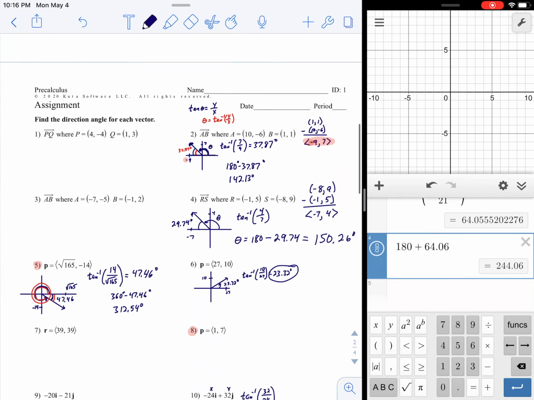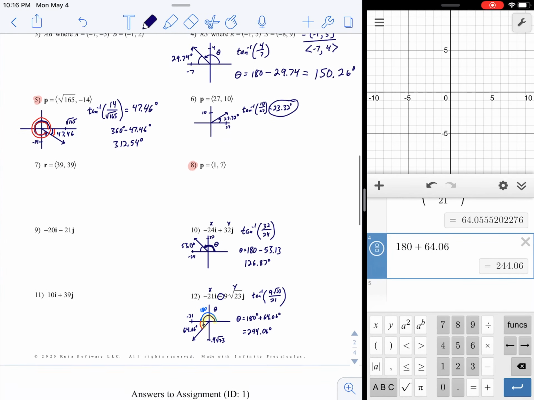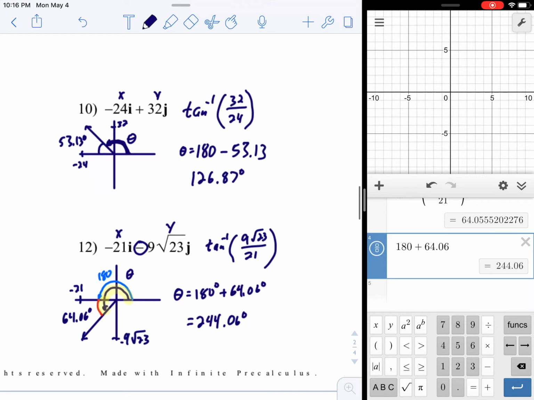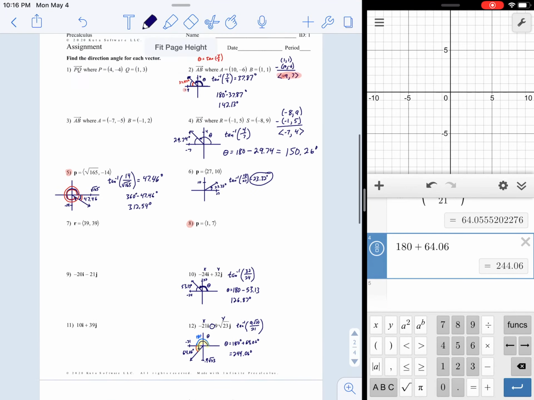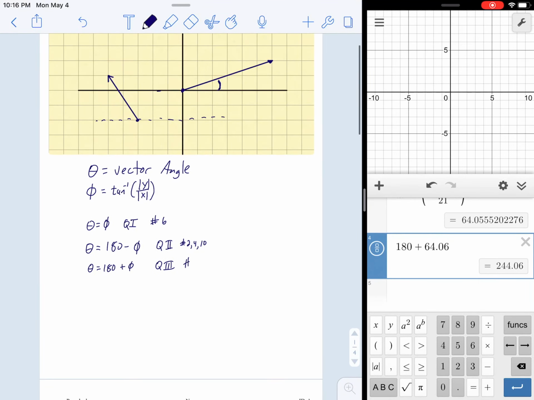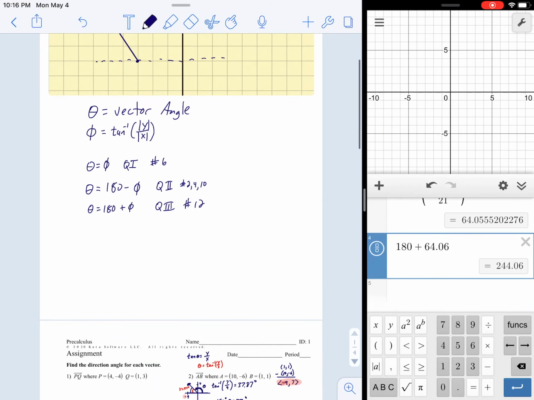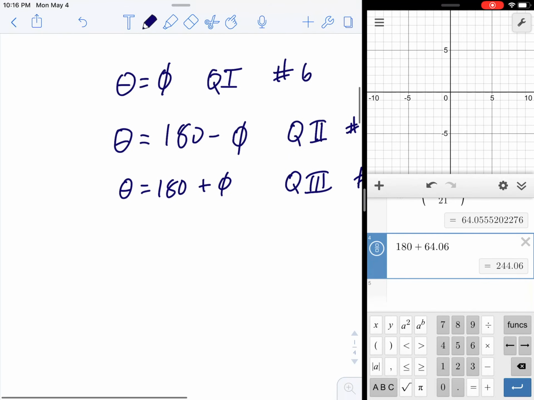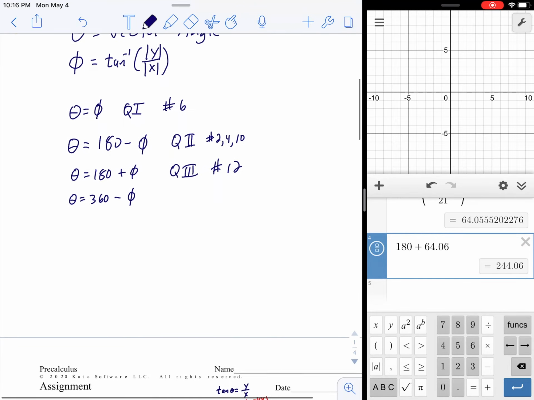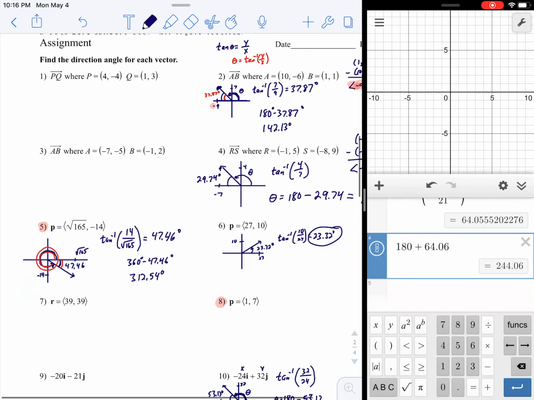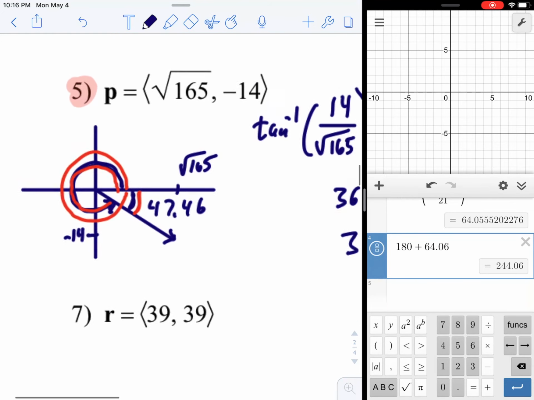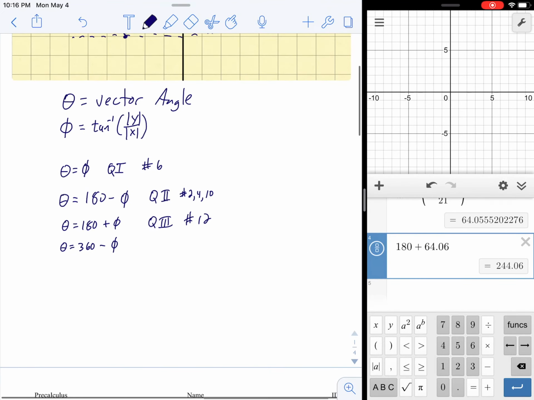And that happened in number 12. And then theta will equal 360 minus phi if you are in quadrant 4, like number 5, problem number 5.